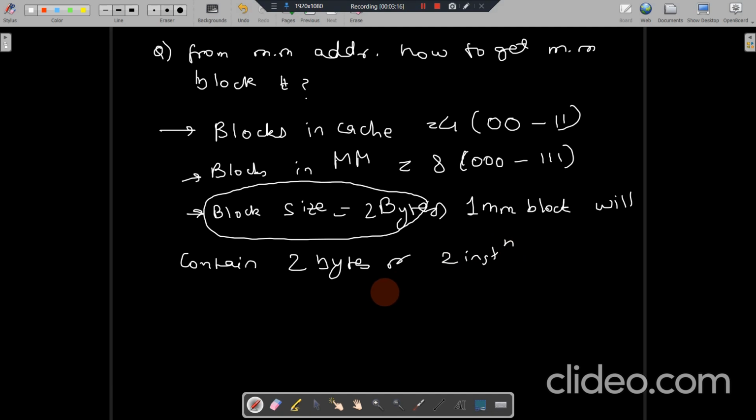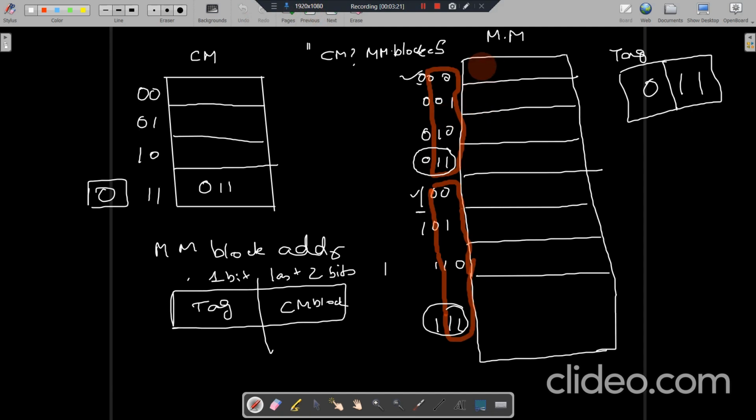Let us go back to the previous page. That means in this main memory block, we will be having 2 bytes each. This is byte 1, this is byte 2. This is one main memory block, and let us say it is block 0. This is the first block, this is the second block, like this. Every block has 2 bytes in it. Okay.